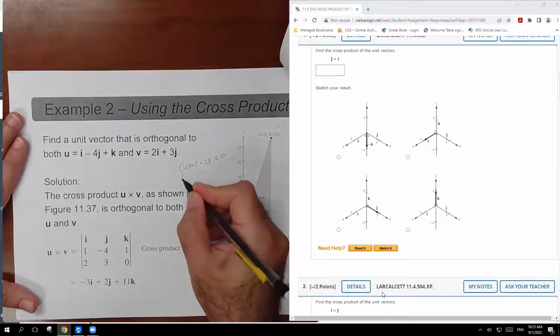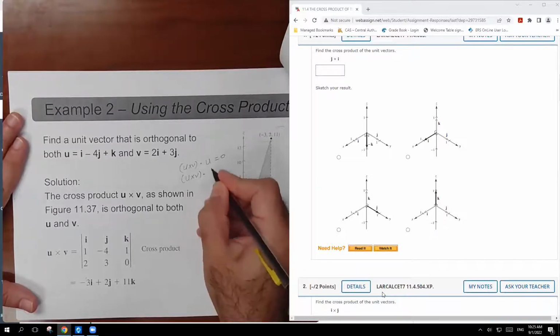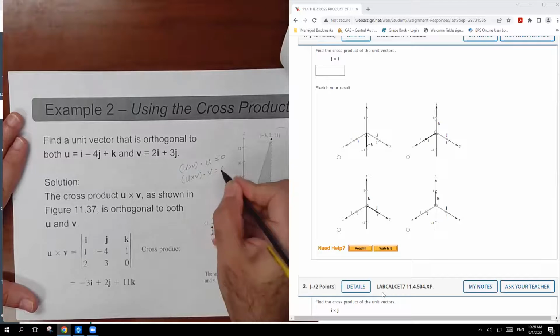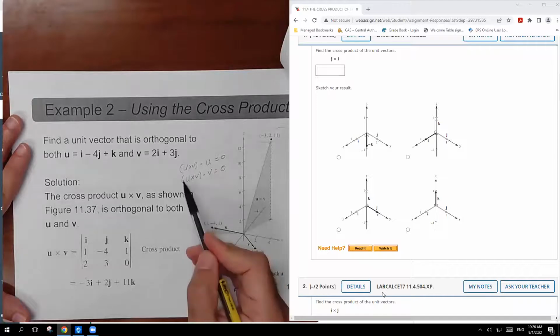If you do the same thing, the dot product between U cross V and the V vector, the result is going to be 0. So that's why the cross product is always orthogonal to vector U and vector V. So you can check that by using the dot product.